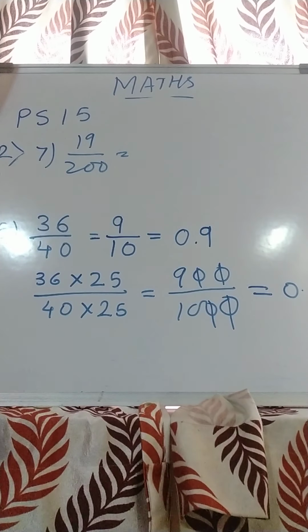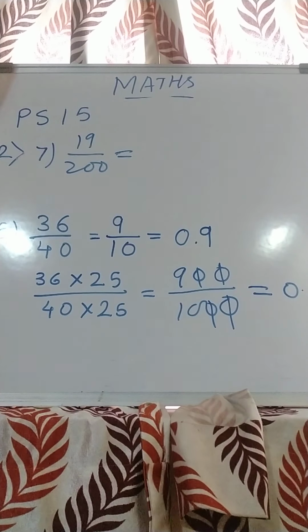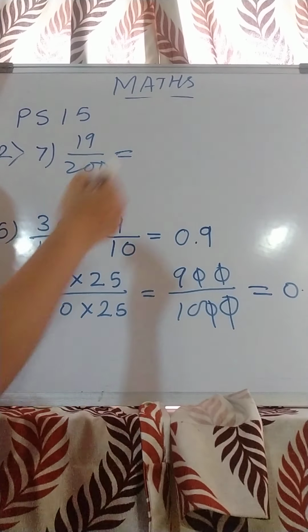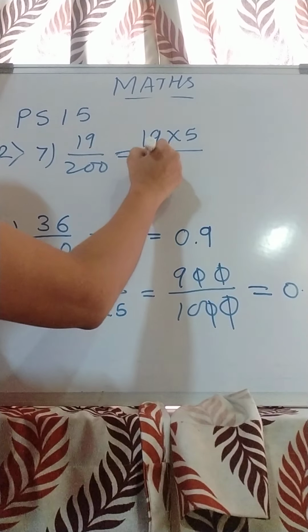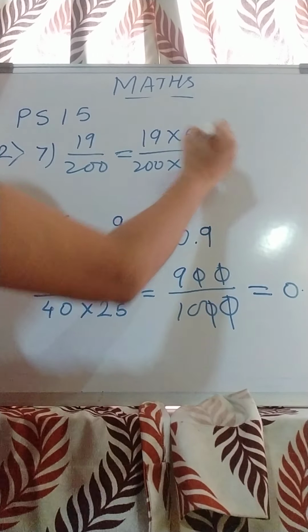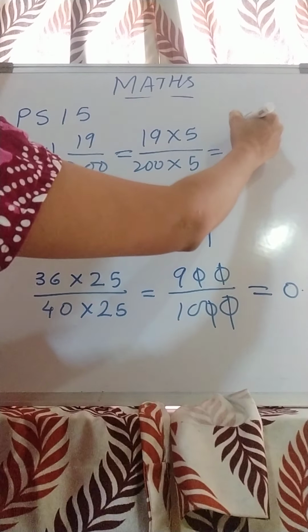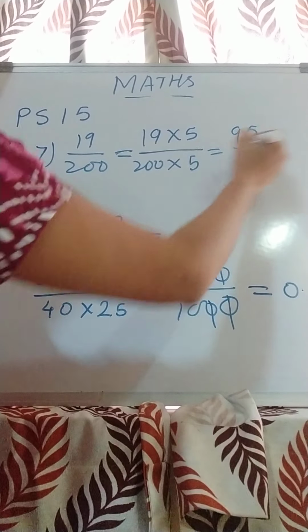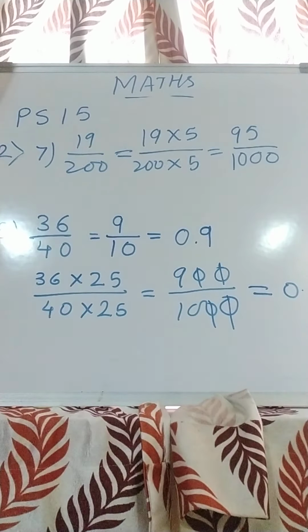Now see, 200 can be multiplied by 5 to get a multiple of 10. So 19 multiplied by 5 and 200 multiplied by 5. 19 5s are 95. Here 0, 0 and 5 2s are 10.